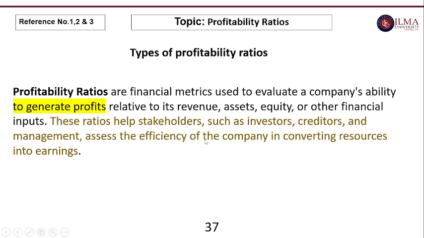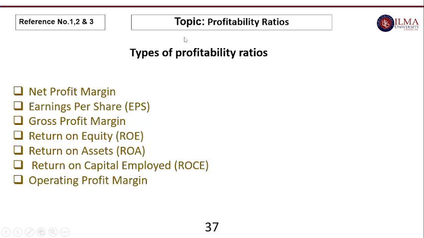It mainly helps stakeholders assess the efficiency of the company in converting resources into earnings. So the profitability ratio is very important, and it mainly tells how much profit the company is going to make. Next, these are the types of profitability ratio: net profit margin, earnings per share, EPS.